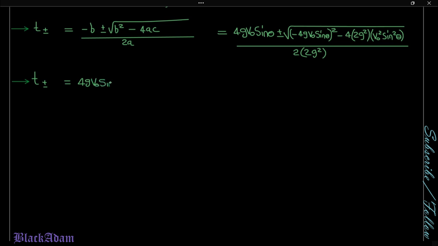So 4g v initial sine theta plus or minus square root of, so we simplify the top part.